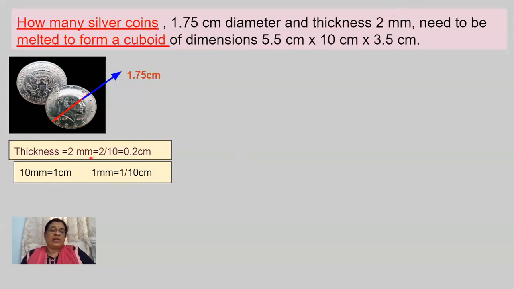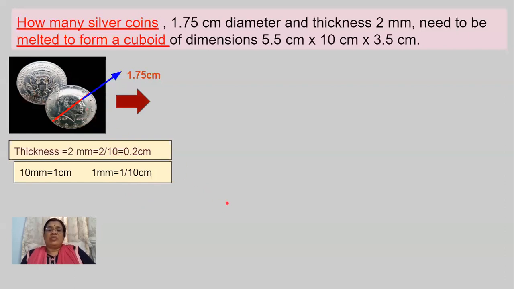You know, 10 millimeters is equal to 1 centimeter. So 1 millimeter will be equal to 1 by 10 centimeters. So you can write it as 0.2 centimeters. I have converted that millimeter into centimeter.